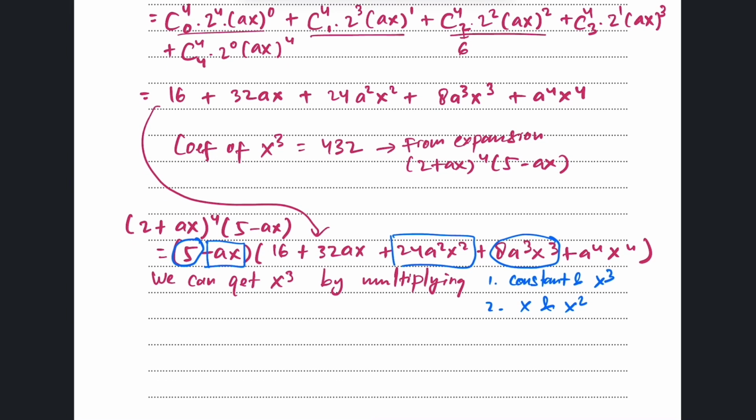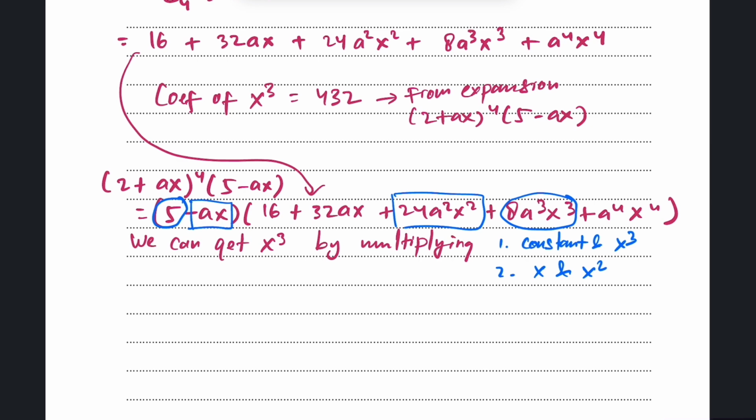Or we can also multiply x and x squared, and that also gives us an x cubed term. So first, let's see the first case. We can get 432 by multiplying the constant 5 and the coefficient of x cubed, which is 8a cubed, and we multiply the coefficient of x, minus a, by the coefficient of x squared, 24a squared. The addition of these will be equal to 432.